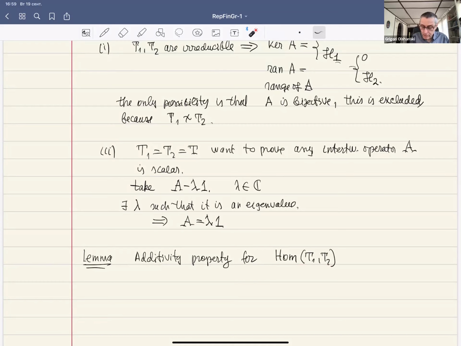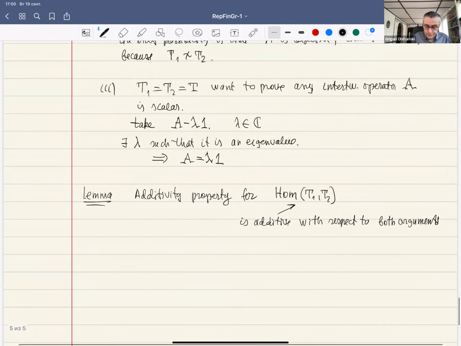So I want to claim that this object is additive with respect to both arguments, which means that we have a canonical identification.